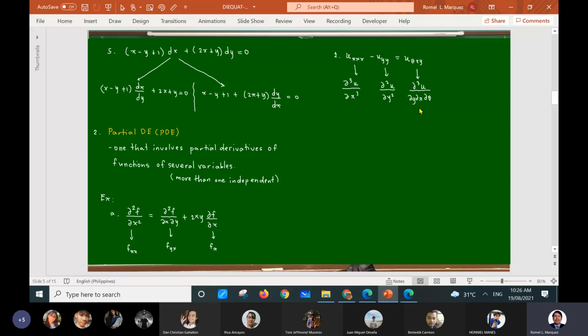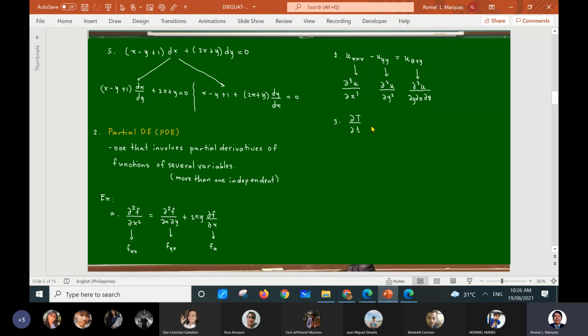You had this when you were in differential calculus. Okay? And next, number 3. You have to be careful the way it is read. Then we have, let's say, partial derivative of big T with respect to small t.